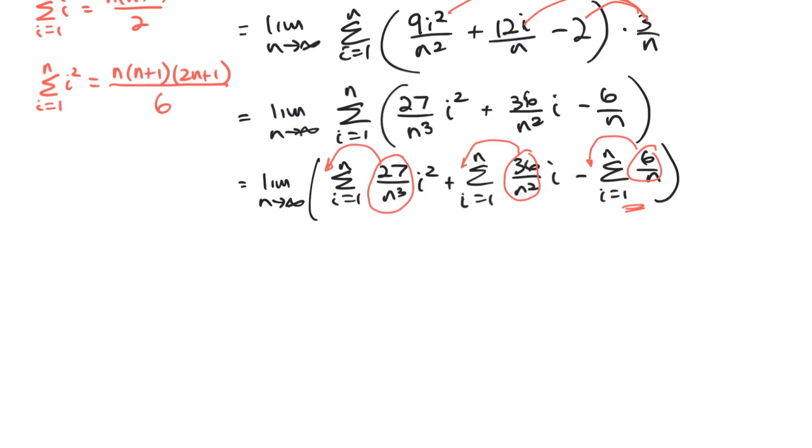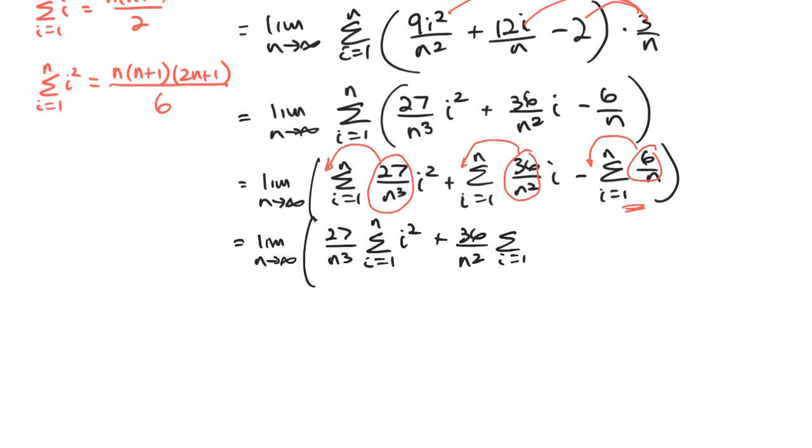But basically, this will give us equals a limit as n approaches infinity. We get 27 over n cubed times the summation I equals 1 to n of I squared, plus 36 over n squared times the summation I equals 1 to n of I, minus 6 over n times the summation I equals 1 to n. This ends up being 1.